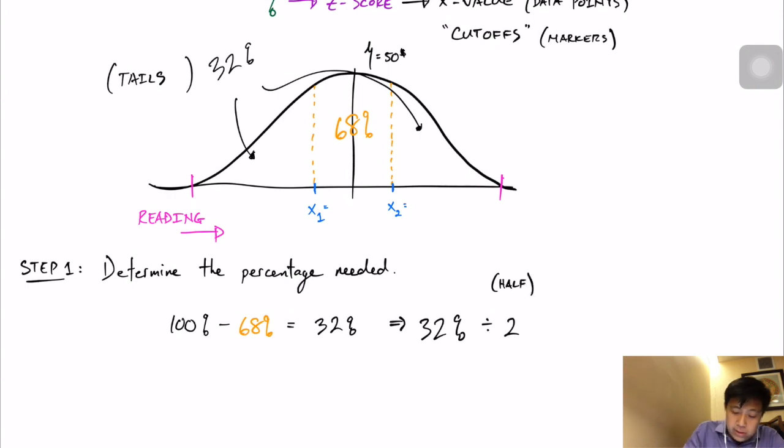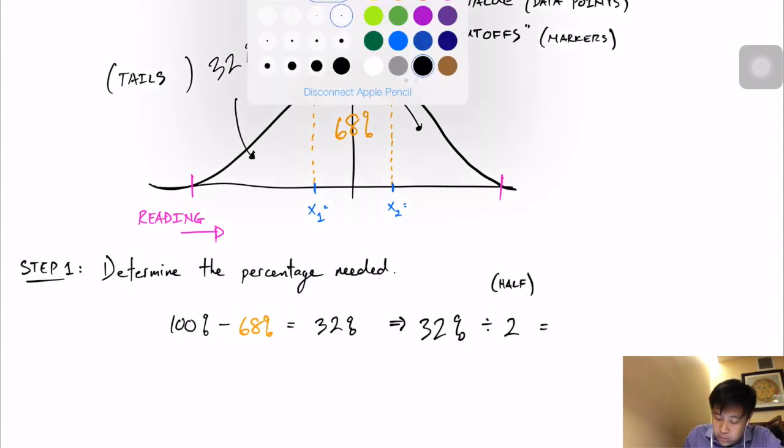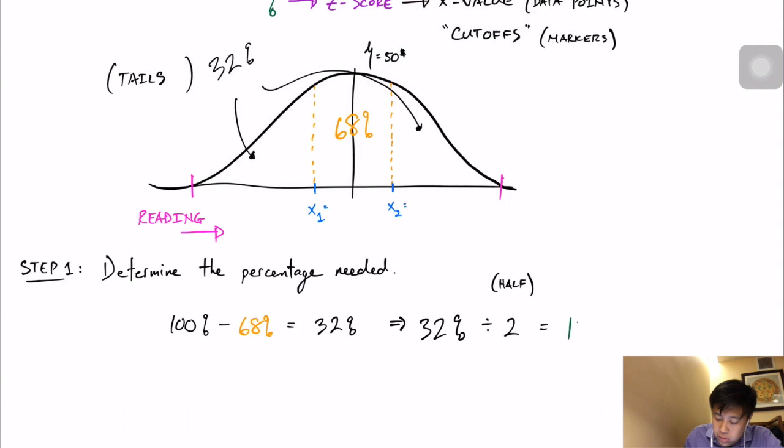This then gives us the percentage we actually need to work with, which is 16%, or 0.1600. Okay? Now, all of these right here, which I'm going to mark with a pink asterisk, is what's needed when you're working with the middle percentage. And I'll write that again here too.